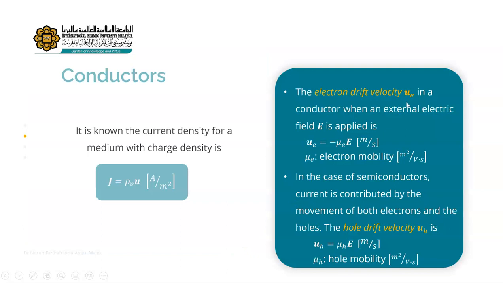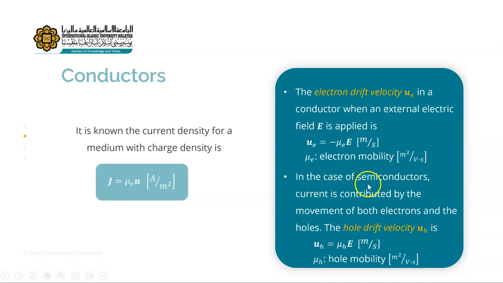The electron drift velocity in a conductor, when an external electric field is applied, is equal to minus mu_e, the electron mobility, times the electric field. This velocity is in meters per second.